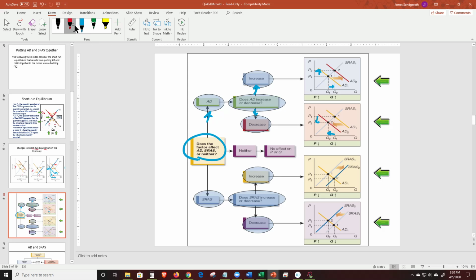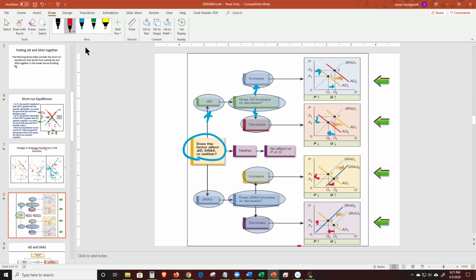Let's go with the red one for supply. So if the variables affect short-run aggregate supply, and they tend to shift it to the right, well, then you'll get an increase in GDP and lower price levels. If the variable, like an adverse supply shock happens, well, then you'll get a decrease in real GDP and an increase in prices.